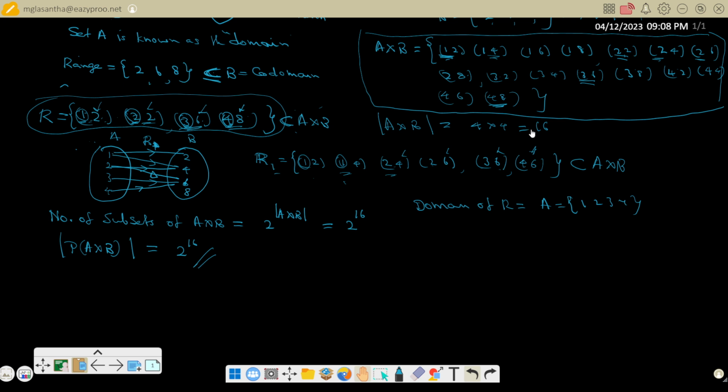Yes, this 2 to the power of 16 is the total number of subsets. Right? So we discussed earlier the power set. How do you take the power set? How do you write down all possible subsets?